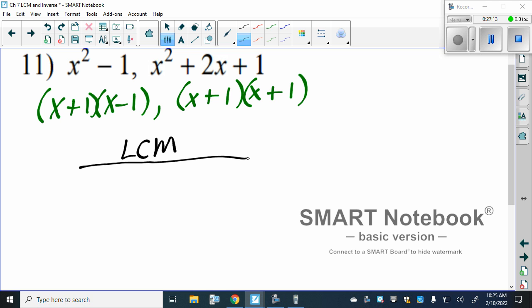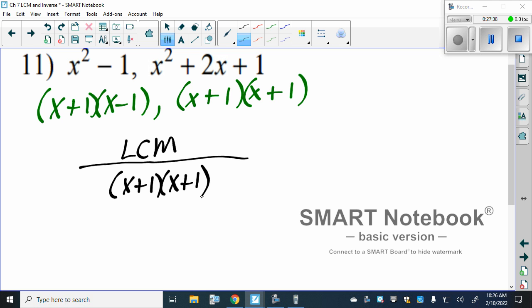Now with these here, I normally just grab one of the two because we know we'll need both of them. So which one do we want to grab? So I can grab the left one, so the x plus 1 and x plus 1, because I know I'll need it twice. Since one of them has it twice, we know we'll need it twice. Now we need to see what we're missing.